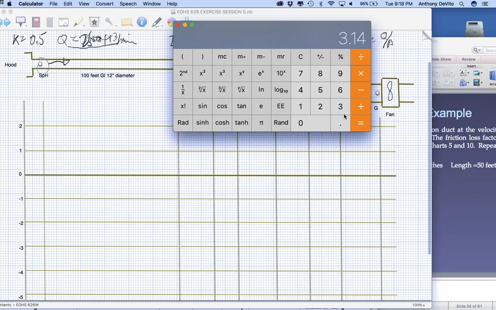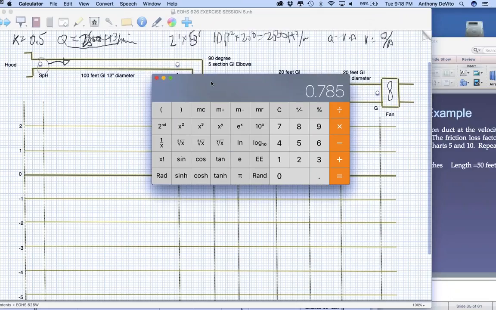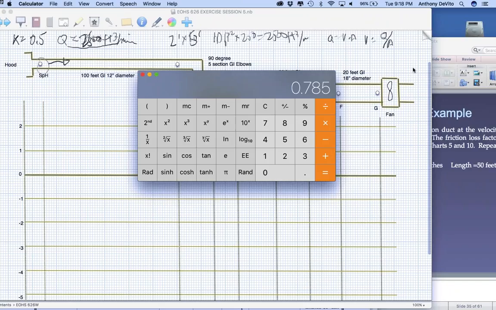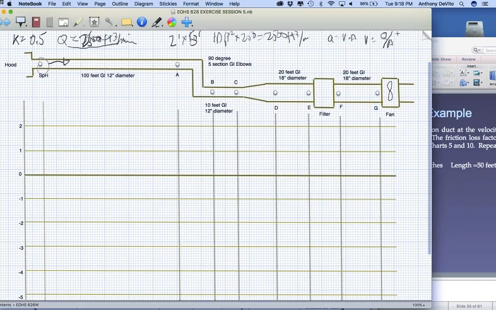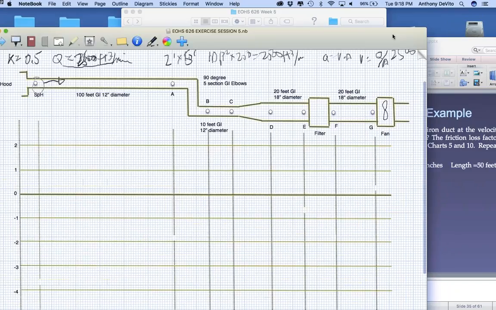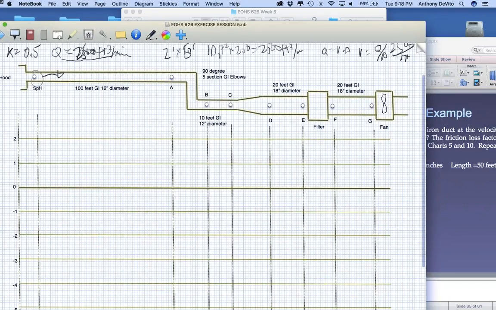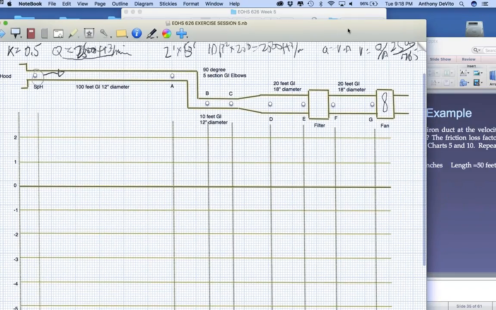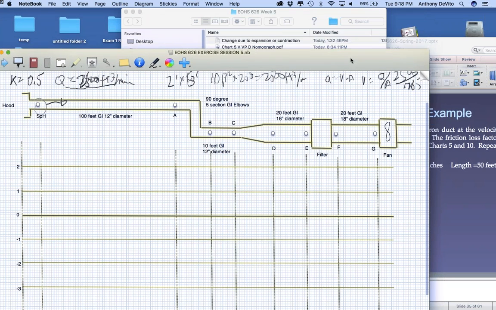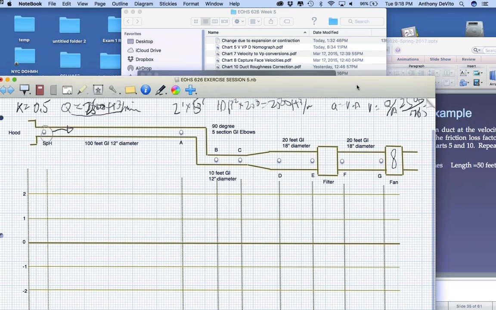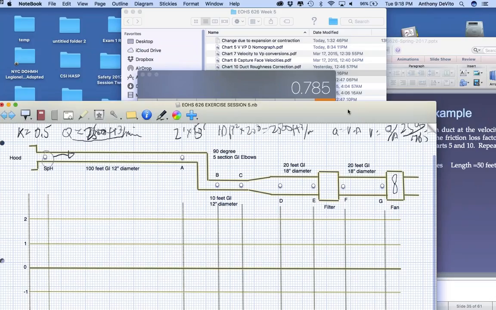Radius is half a foot, so 0.5 times 0.5 times 3.14 is equal to 0.785. That's our cross-sectional area, right? 0.785 is in square feet.